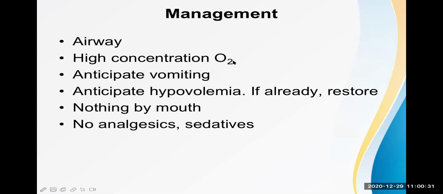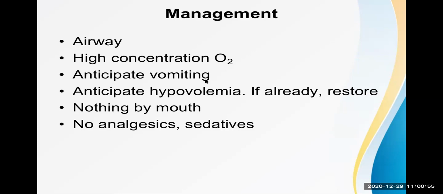High concentration oxygen is given, especially if the patient is very sick or the patient is in sepsis or shock. Anticipate vomiting, because this is very common in case of acute abdomen. And if the patient is drowsy, or a little bit going towards unconsciousness, easily aspiration can occur because of this vomiting.